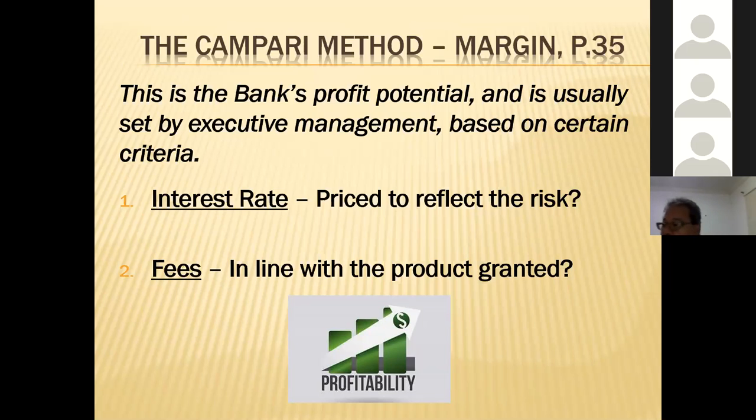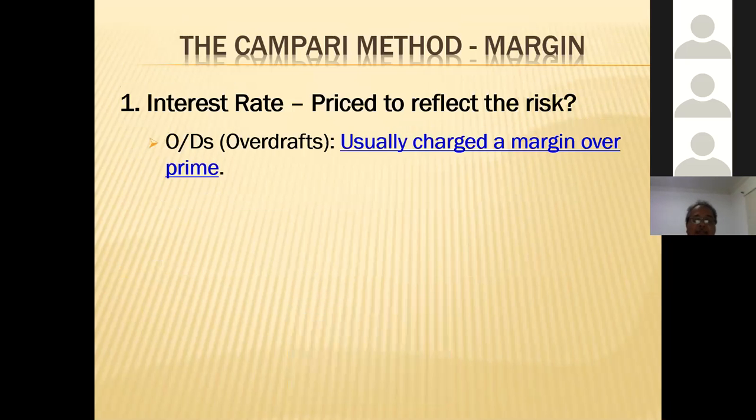Okay, so let's look first of all at interest rates, and you can follow along also in your text. We said the question to ask is: is the interest rate priced to reflect the risk? We want to look at different types of credit facilities, or loan types.